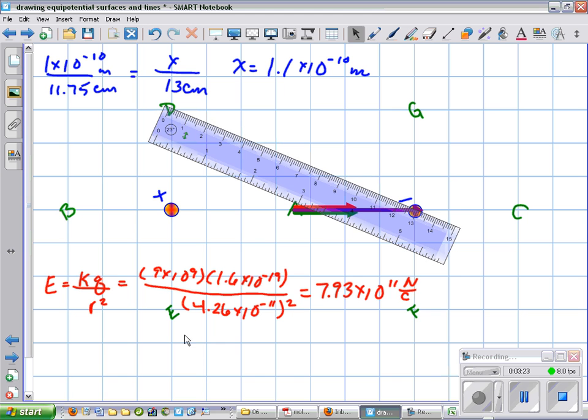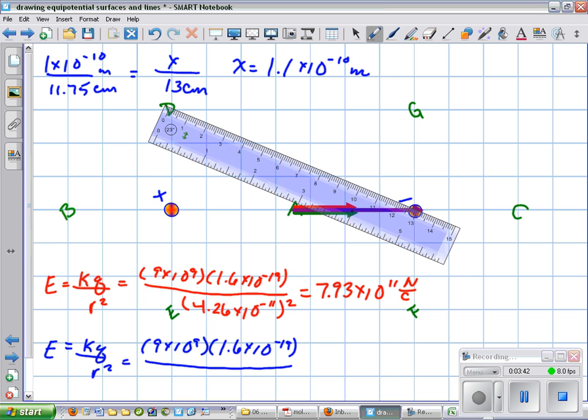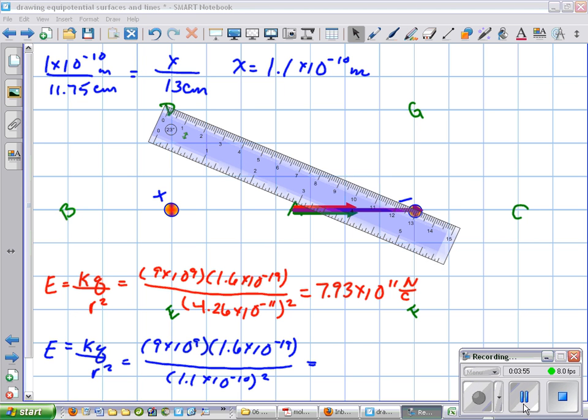I'm going to use the same formula down here to calculate the size of the electric field. My constant, the size of my charge, and the square of the distance, and that gives me 1.2 times 10 to the 11th newtons per coulomb.